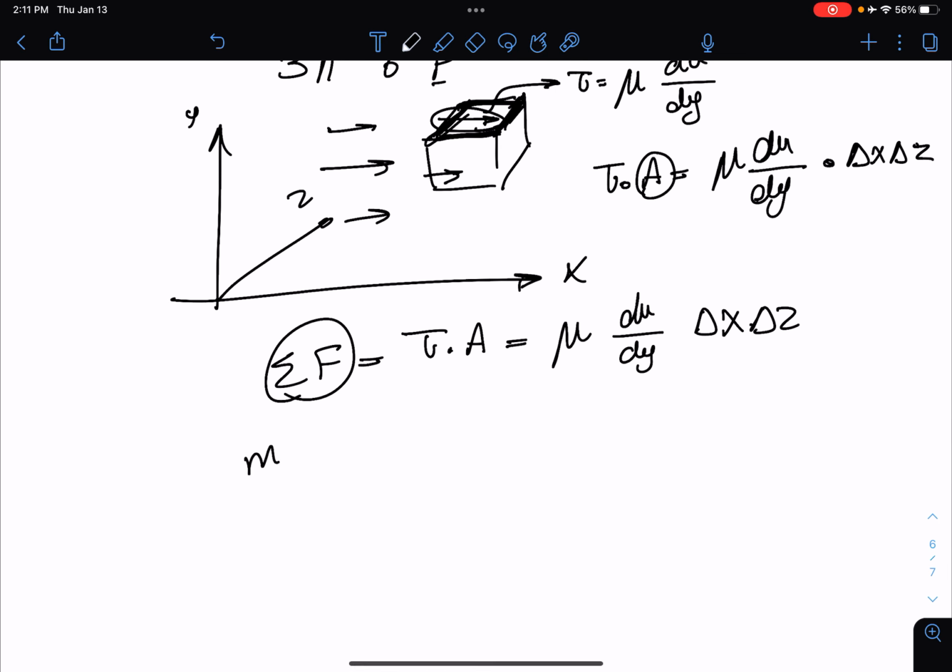So mass times acceleration is equal to... Okay. Let's see if we can go any further from here on our own.